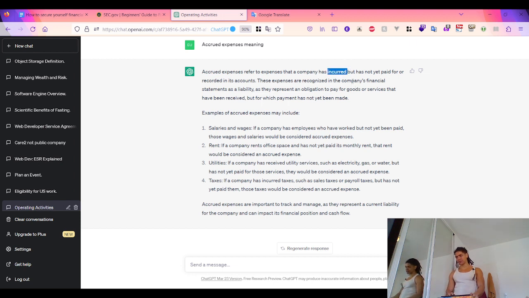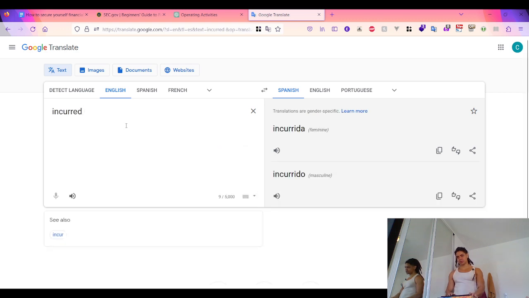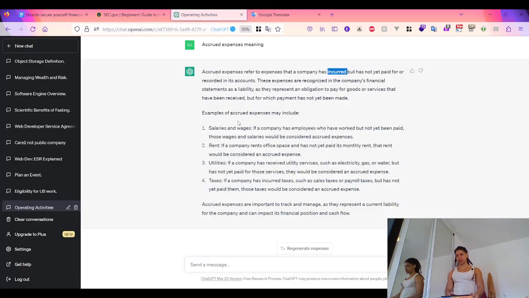And taxes. If a company has incurred taxes such as sales taxes or payroll taxes but has not paid them yet. So in any case, any expense that a company has incurred but has not yet paid for or recorded in its accounts.